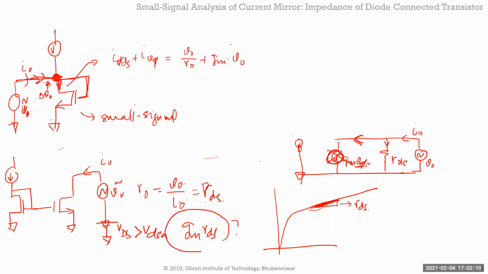And I know that this current is much larger, not always, but most of the time, this current is much larger than this. So I can say this is almost zero compared to this. So V naught by I naught is what? If your GM is huge, your V naught by I naught will be small.